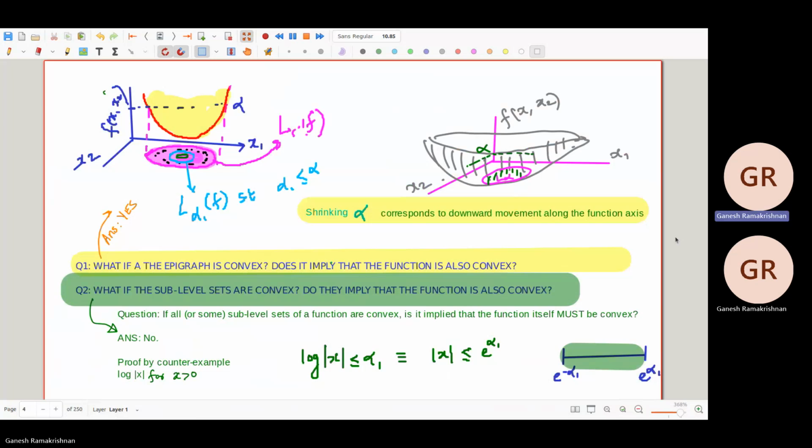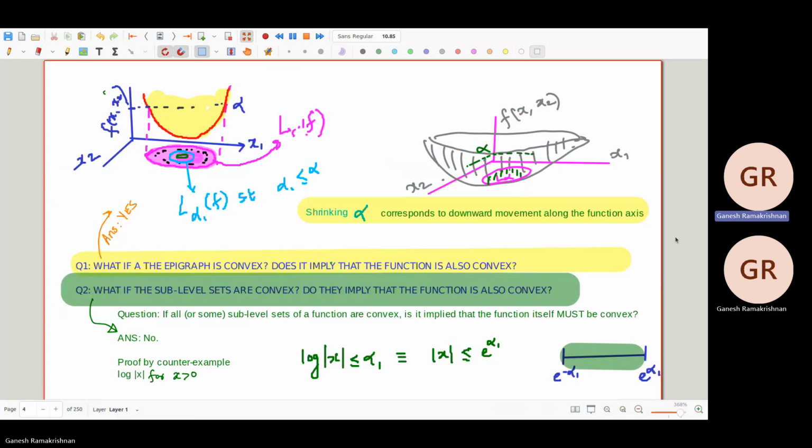So you have a counterexample to the claim that all sublevel sets being convex could imply that the function is convex. This is a claim to which you have found a counterexample.